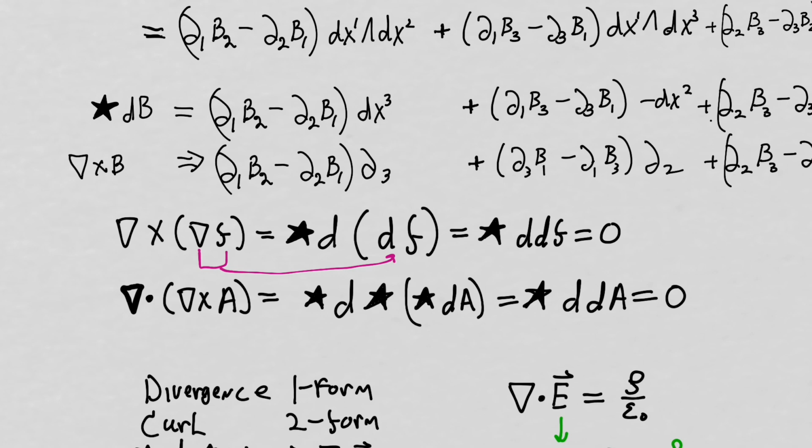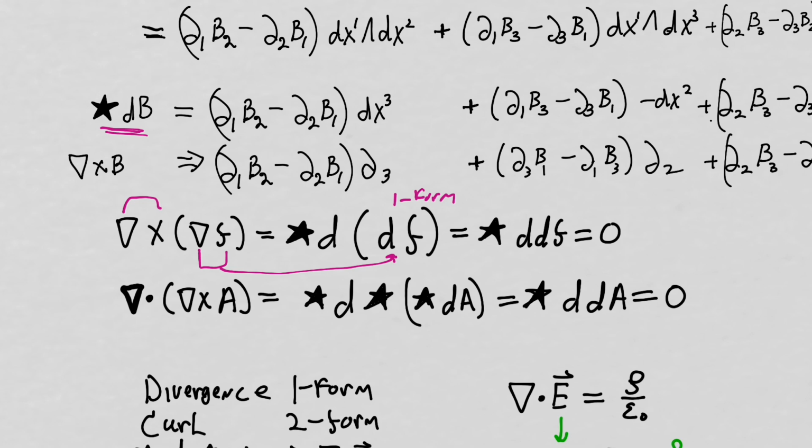That's a substitution we discovered we could make very early on. And now we just learned the curl of a one form. This here ends up being a one form, because the exterior derivative of a zero form is a one form.